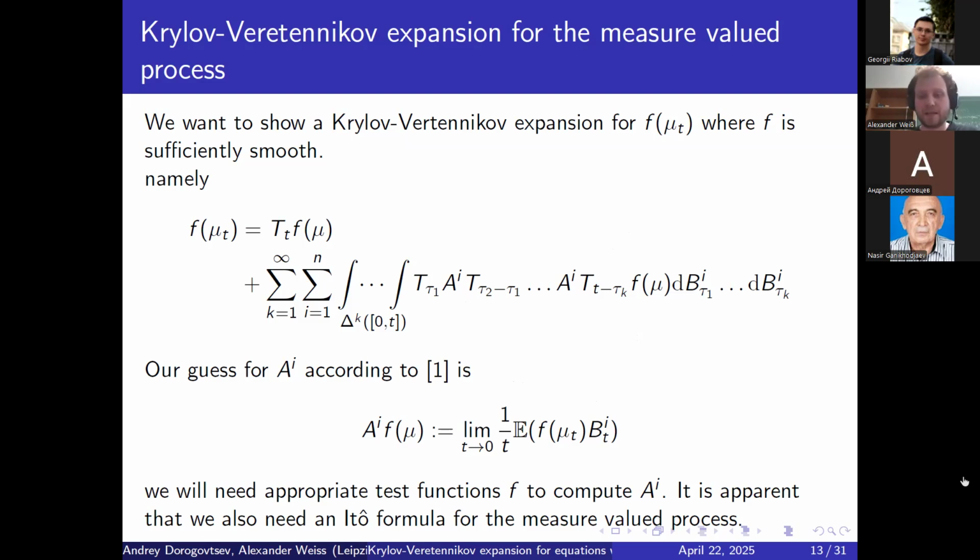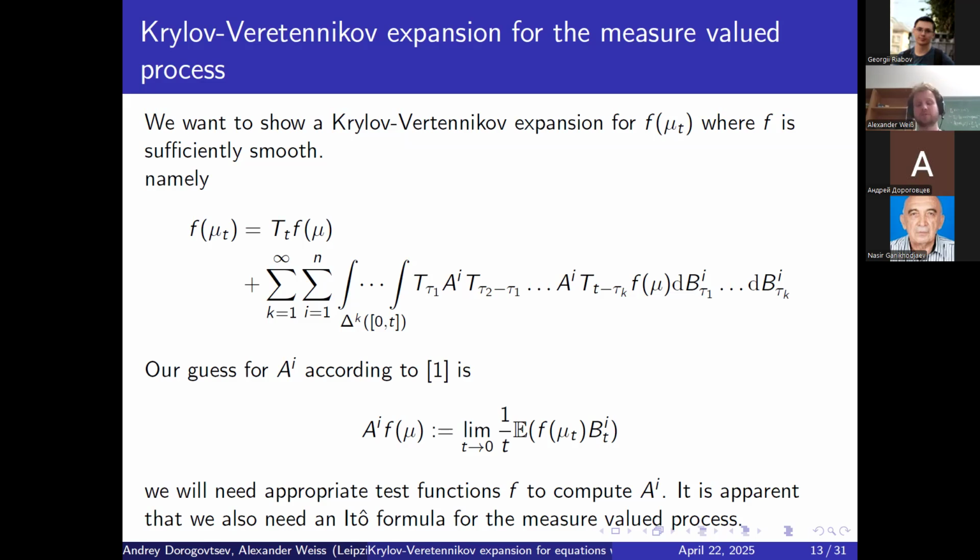Okay, so we can actually make an educated guess what our A or A_i should be. They should just be the limit of these kind of expectations. And if you remember my comment earlier, where I said that the concrete form of this A can be computed via the Ito formula, we will be actually able to do the same here.